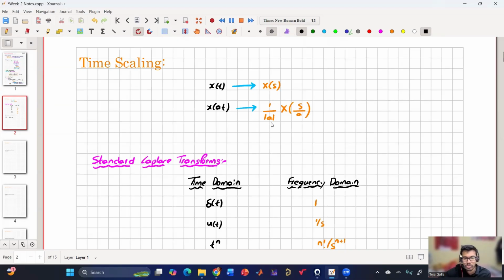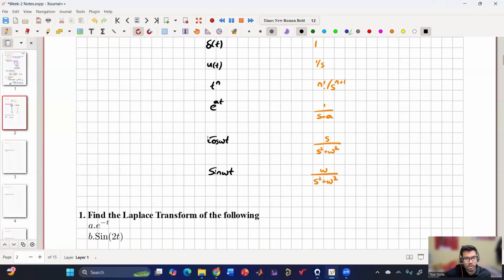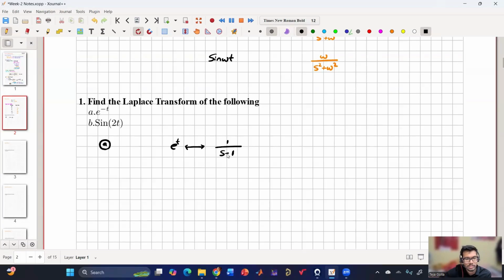So I'll substitute 1 by mod minus 1 into x of s by a. Or you can also use the expression e to the power at, 1 by s minus a. Basically e to the power t is 1 by s minus 1, so for e to the power minus t, what we will be getting is 1 by s plus 1.